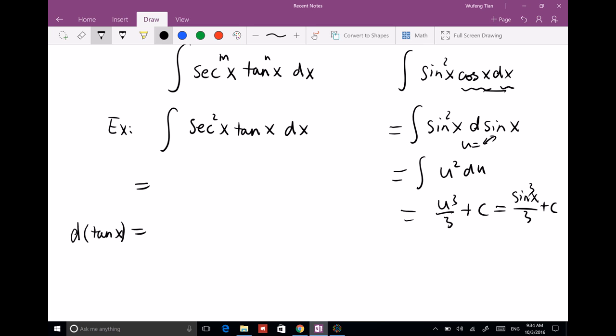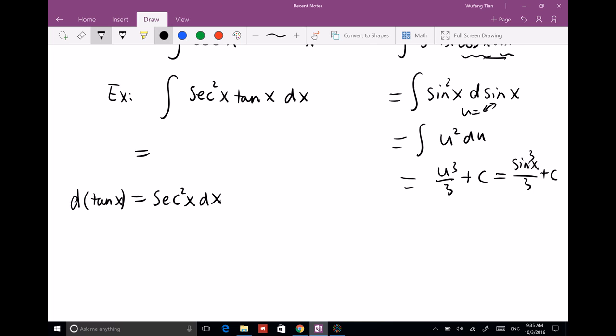Secant squared x. Very good, thank you. Secant squared x dx. And then, what's the derivative of secant x?